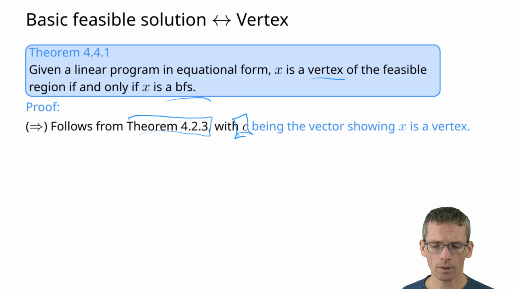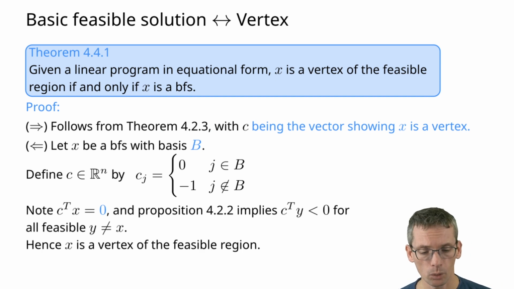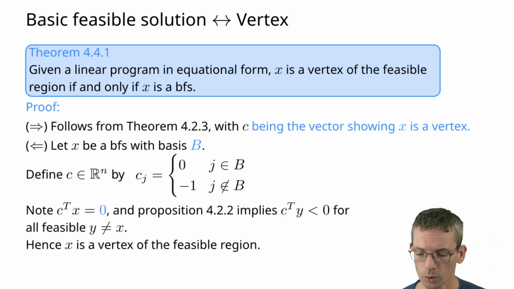Now let's do the other direction. So if I have a basic feasible solution, I want to show that it is also a vertex, and we do it as follows. So now we have to define a suitable C such that this basic feasible solution is the unique solution if we take C transposed X and maximize it.